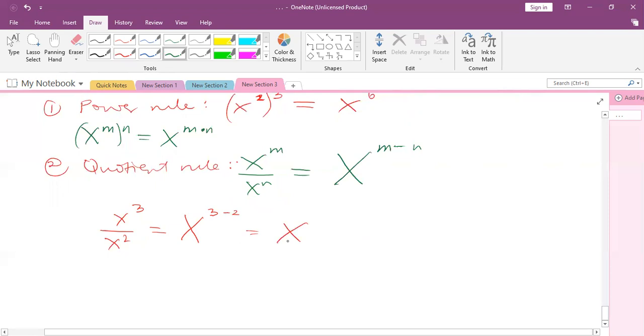Let's break it down a little bit. It means that I have x times x times x, so that's x cubed, right? Over x squared, it's x times x. So what's happening here? This x can get rid of this x, cross this x out. This crosses this out. So I'm left with just one x. Yeah, this is just x. So that is what this is about. Okay.